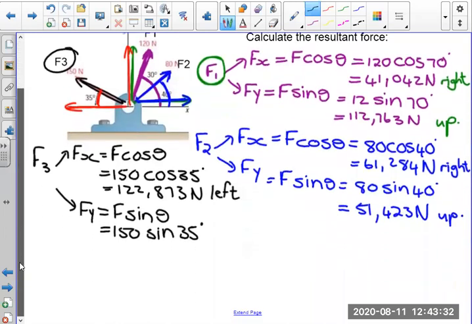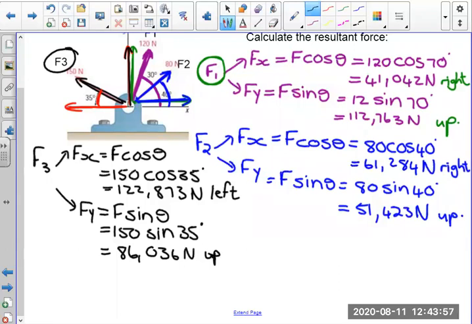So when I work this out with my calculator, I got an answer for this one as 86,036 newtons. And the y component is upwards, showing upwards.